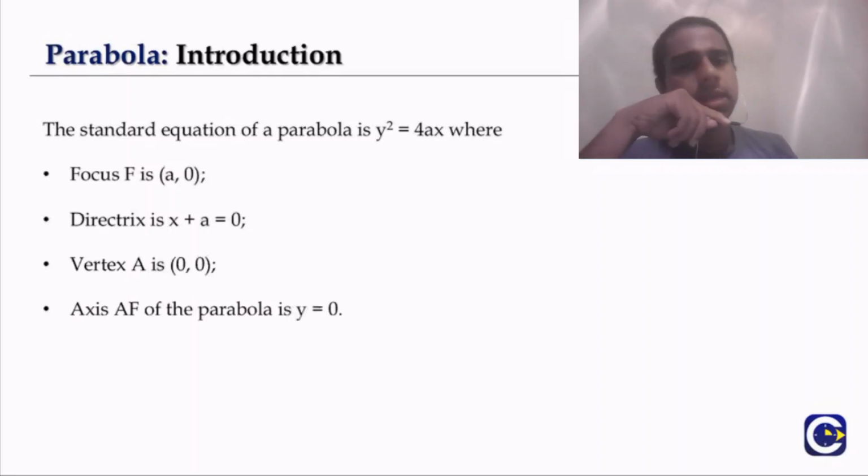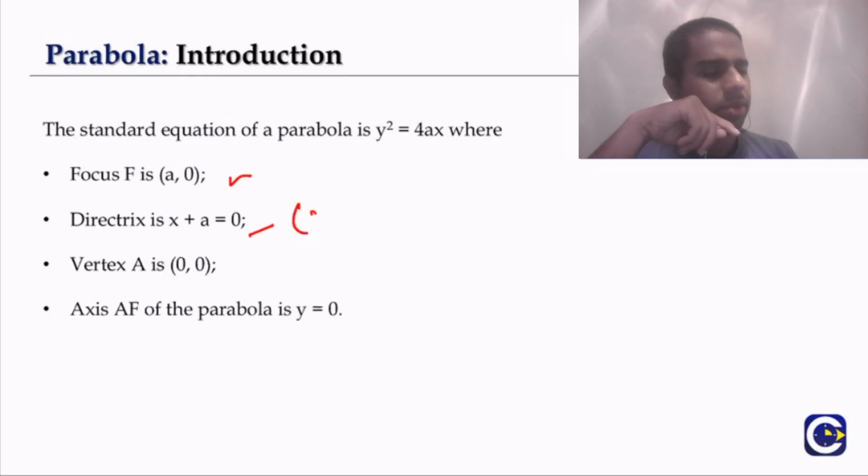So we have discussed these things in the parabola diagram. The focus F is (a, 0), the directrix is x plus a equal to 0, that is nothing but x equal to minus a, the straight line equation for the directrix. Vertex A is (0, 0) and axis AF of the parabola is y equal to 0.